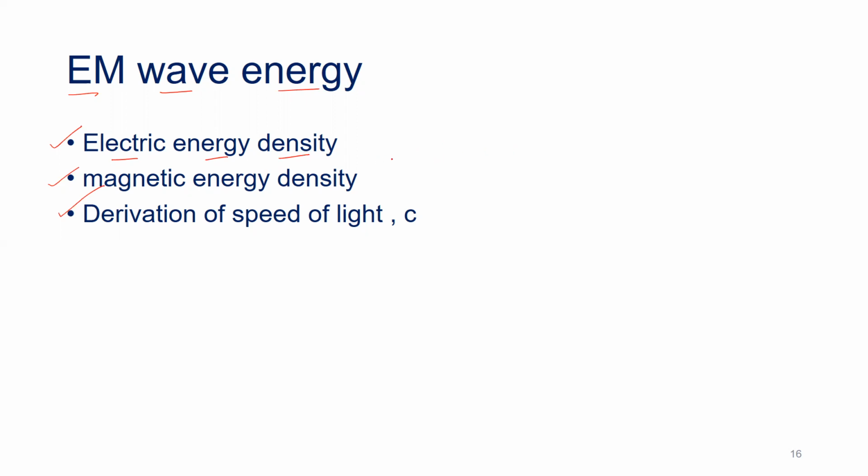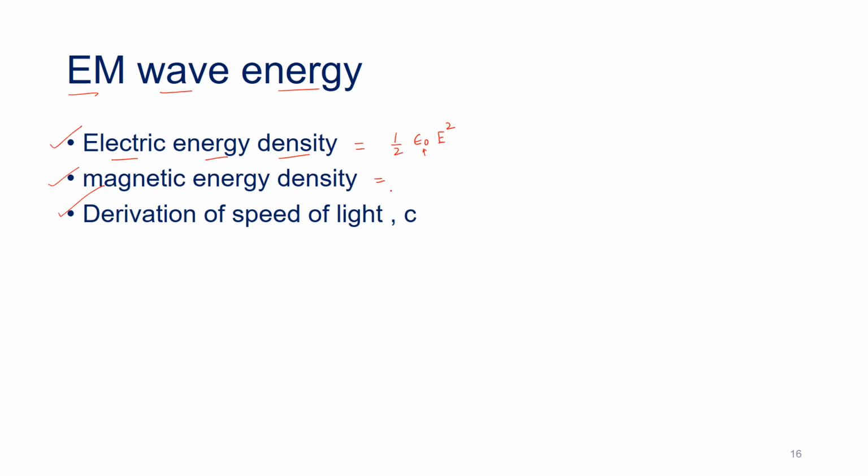So first, let us define electric energy density with a value. We can say that it is equal to 1 over 2 epsilon naught E square, where E is the electric field and epsilon naught is the permittivity of free space.